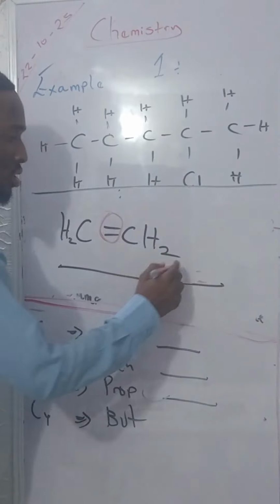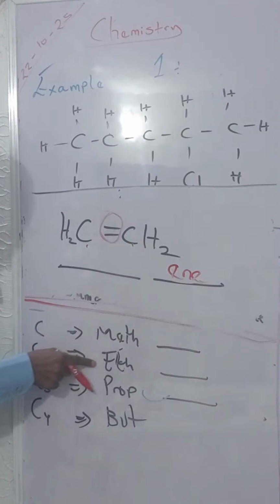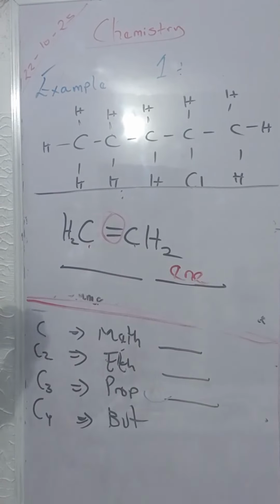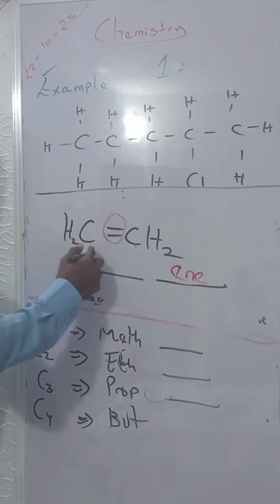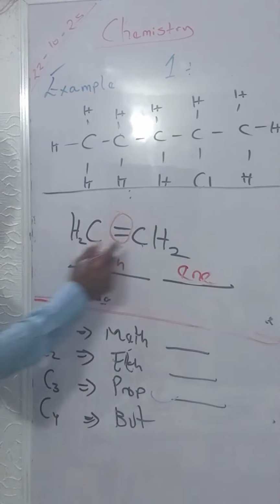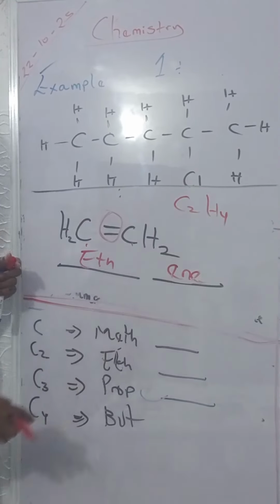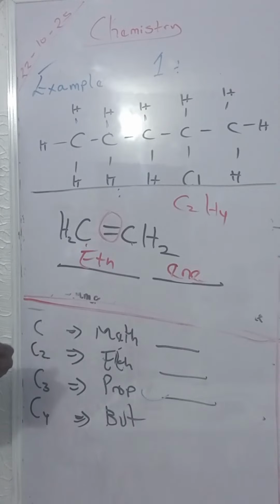The functional group is ene. Then how many carbon atoms are there? 1, 2. And 2 is what? Eth. So C2H4 is ethene. Do you understand? Please understand.